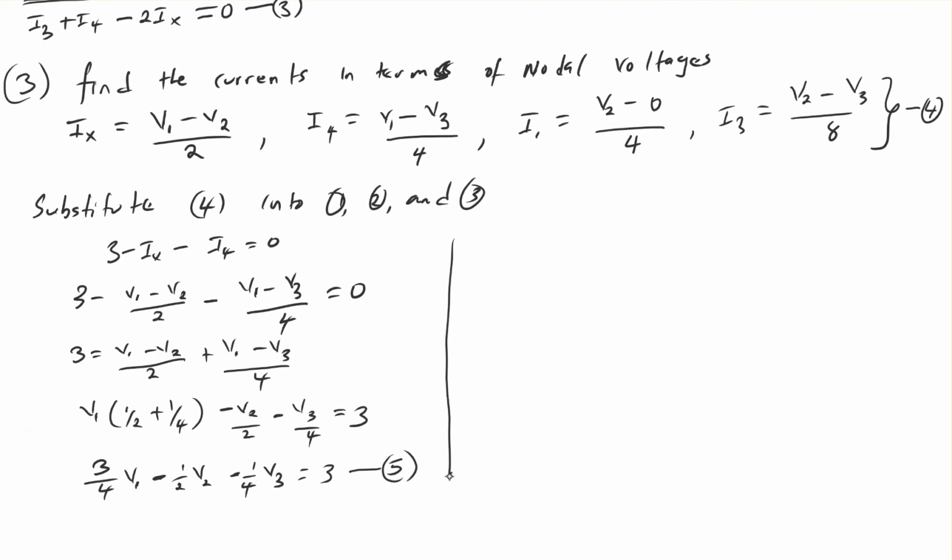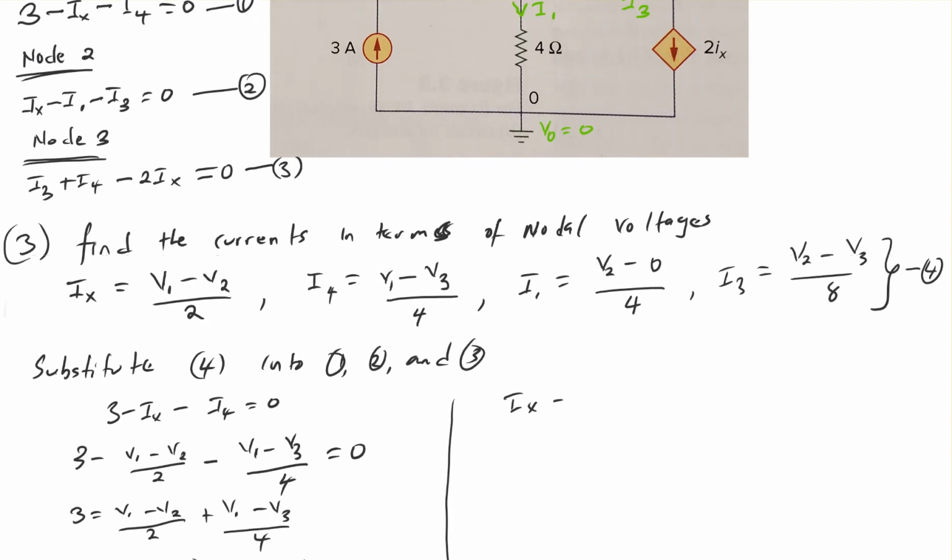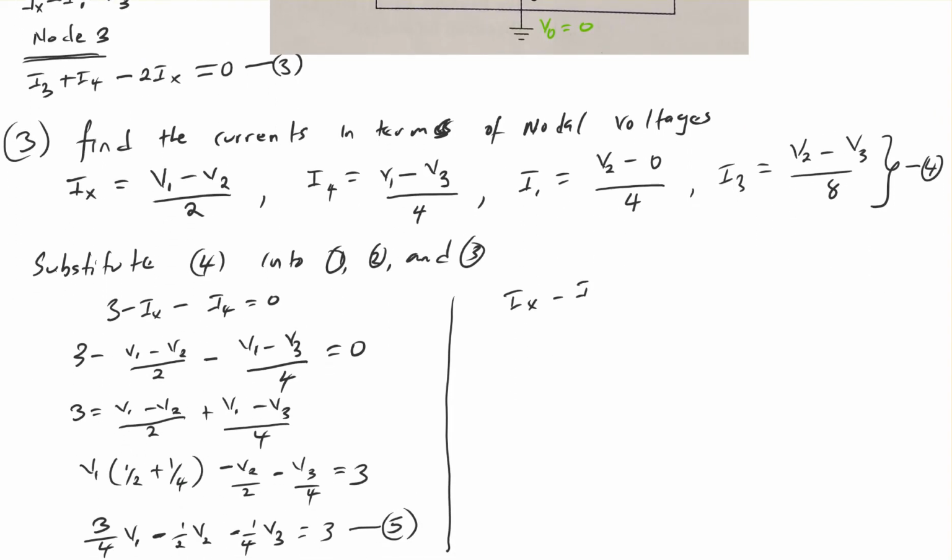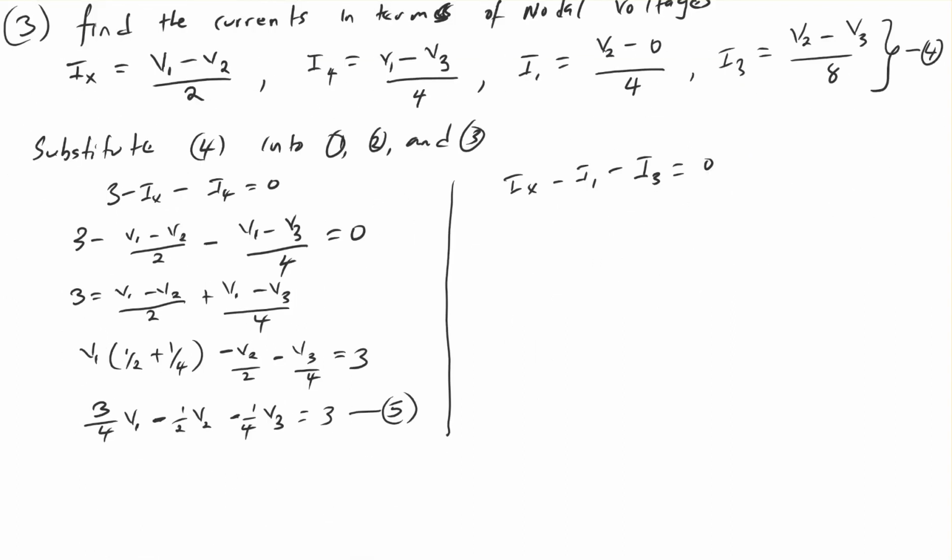I'll do likewise for equation 2, which says Ix minus I1 minus I3 equal to 0. So instead of Ix, we have V1 minus V2 over 2, minus I1, which is V2 over 4, minus I3, which is V2 minus V3 over 8.